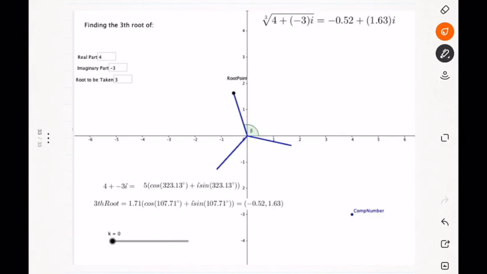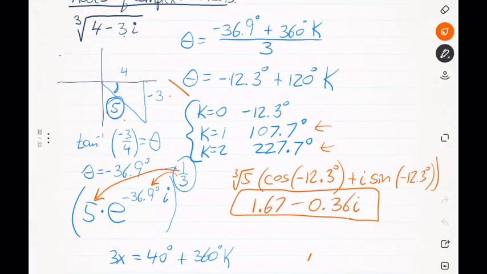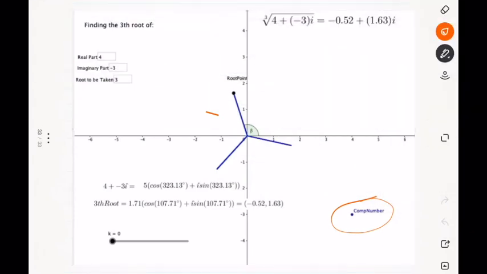Here I did the problem on a computer for this one. So here's the representation of 4 minus 3i, way down here at the bottom. And the root we found was 1.67 minus 0.36i, which would be this point here. So we found this coordinate on the last problem.